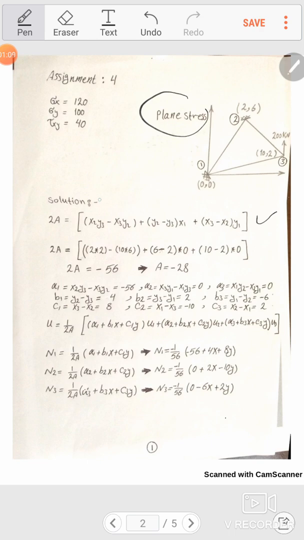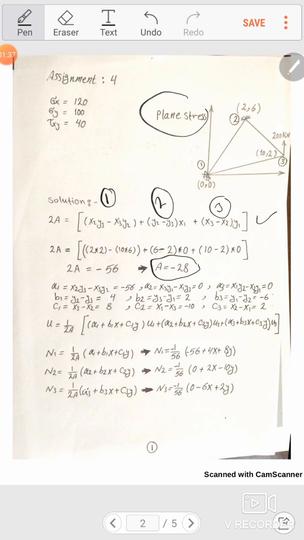This is for node number 1, and y2 minus y3 for node number 2, and also here for node number 3. After that, just substitute your values and you can get the value of the area for this shape.